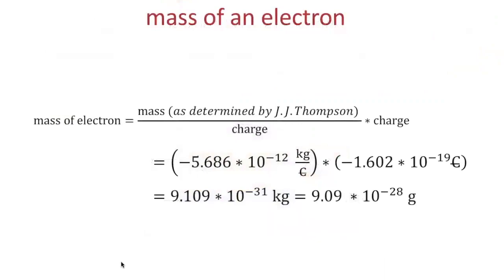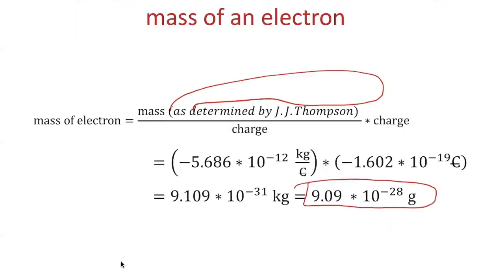Through this equation, we determined the mass of the electron, which is 9.109 times 10 to the negative 28 grams, or 9.109 times 10 to the negative 31 kilograms. No need to memorize the number. You just need to memorize that Millikan did an oil drop experiment, which allows us to determine the mass of the electron.